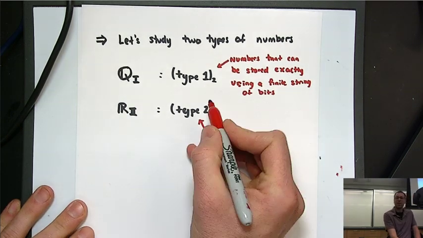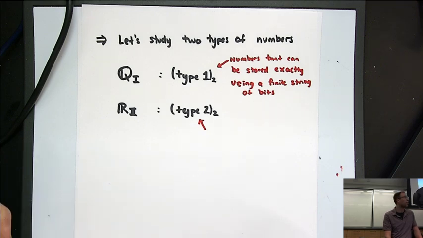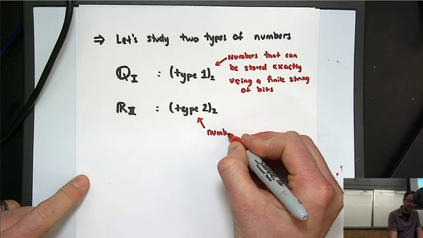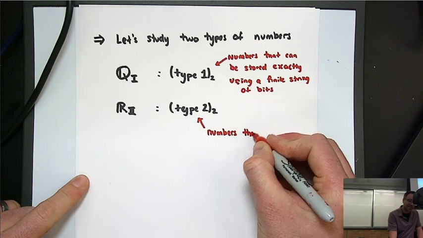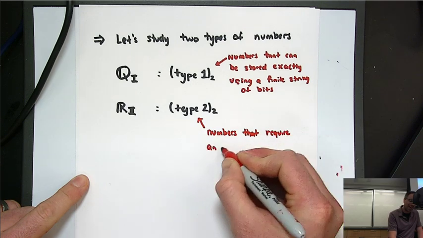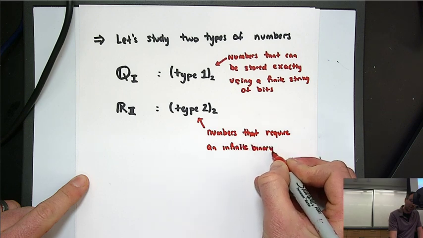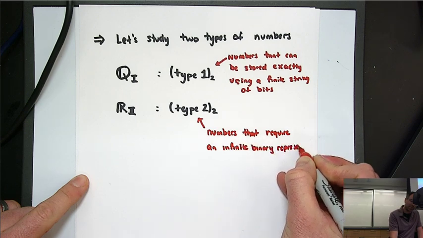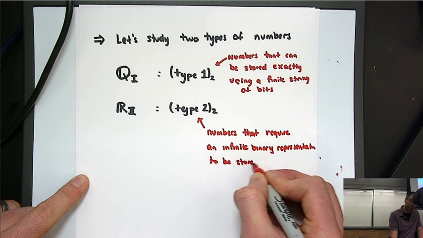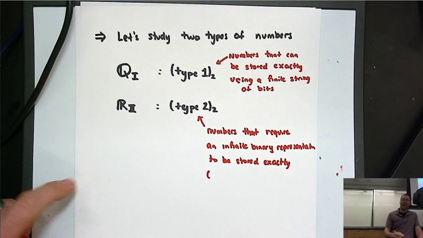Okay, so if type 1 numbers are numbers that can be stored exactly using a finite string of bits, could you guess what type 2 numbers are? Numbers that cannot be stored exactly using a finite number of bits. Yes, numbers that require an infinite binary representation to be stored exactly.